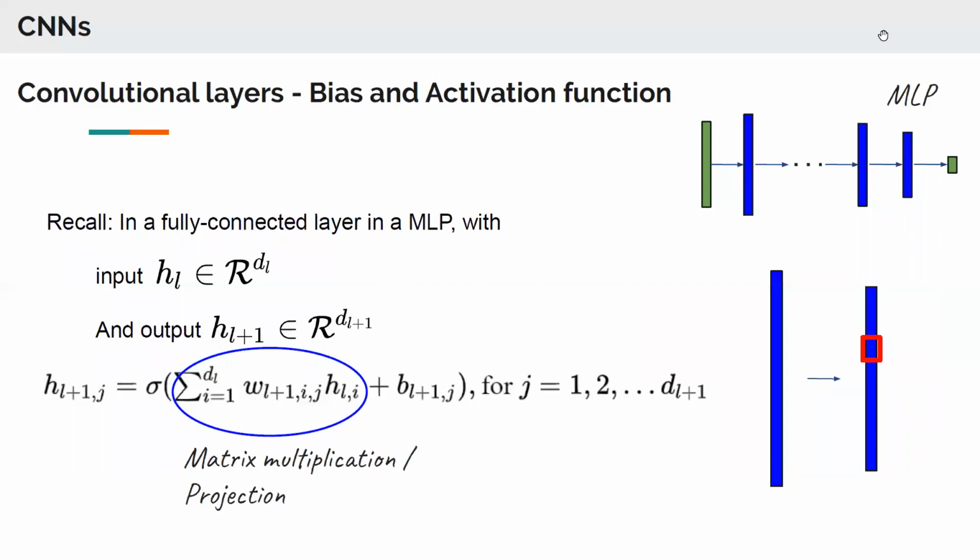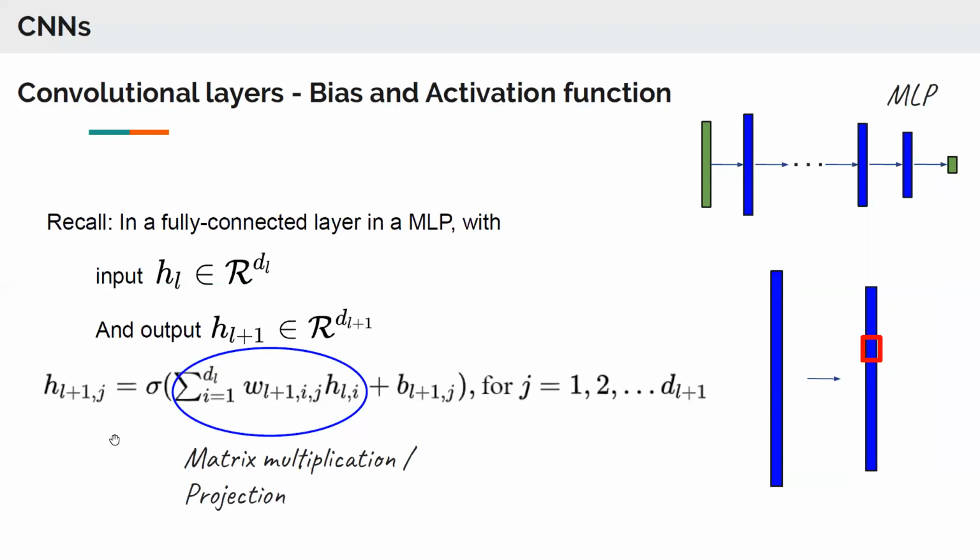If we had a multi-layered perceptron like this, and if we looked at a certain hidden layer which went from size d_l to size d_{l+1}, and then if we looked at a particular element of the output, the jth element, j going from 1 to d_{l+1}, then this jth element was basically a matrix multiplication which corresponded to all these inputs being connected to this output. Then we added a certain bias term, and then this whole thing was passed through a certain nonlinear activation function.